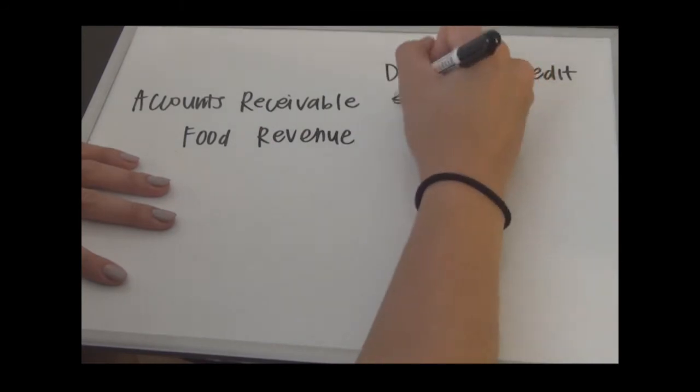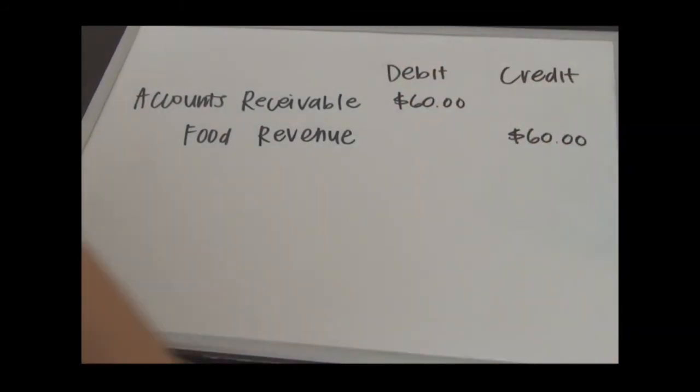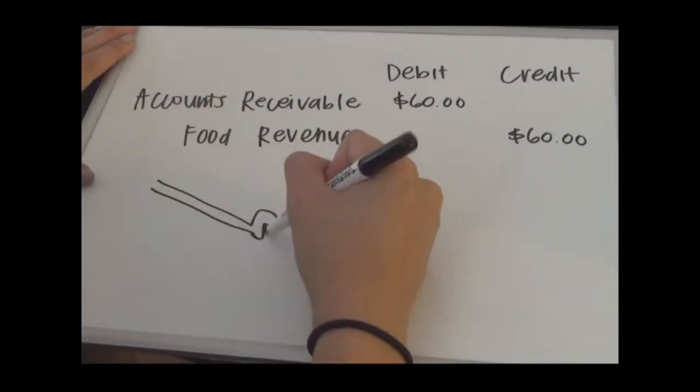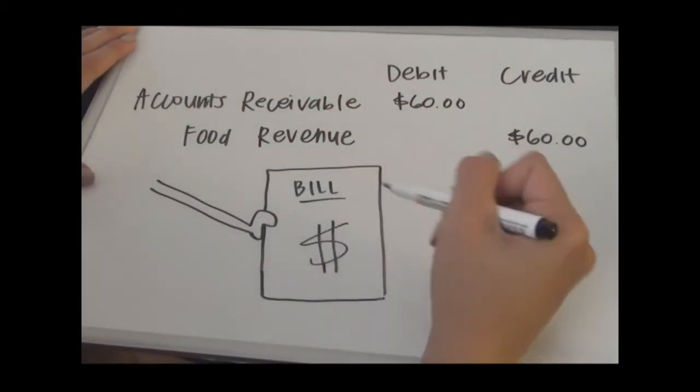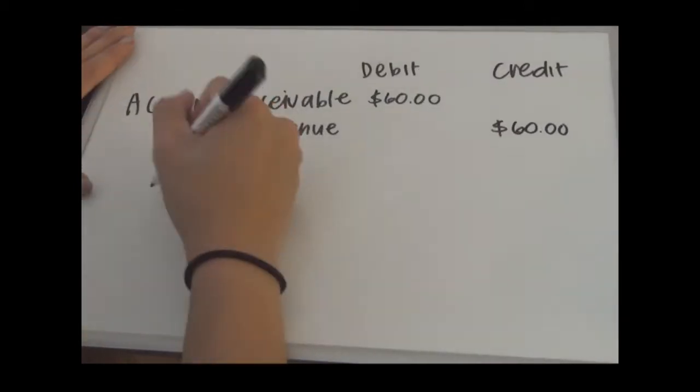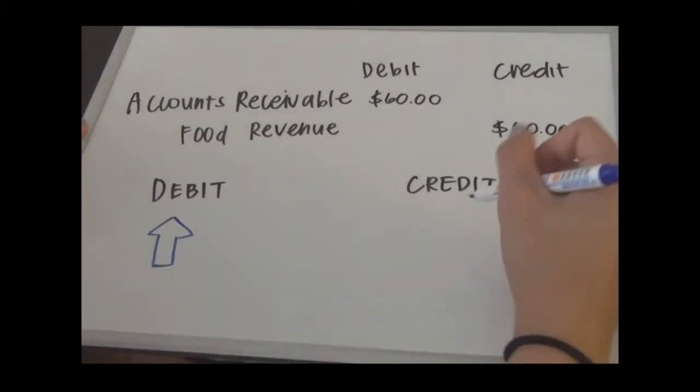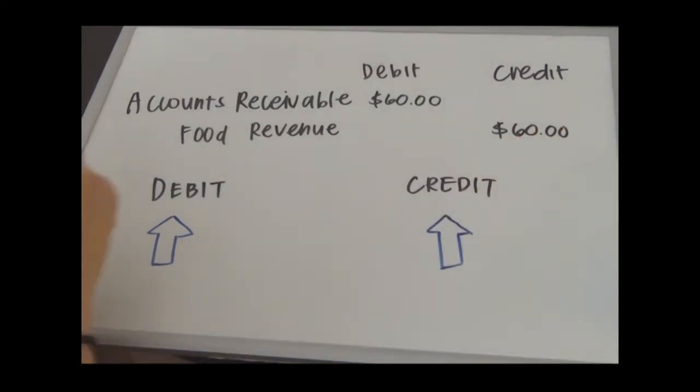So the definition of accounts receivable is money owed to a company. So the moment your waiter hands the bill to you, imagine this journal entry being made. There is now a debit or an increase of money owed to the restaurant, and there is a credit, also an increase of revenue earned to the restaurants.